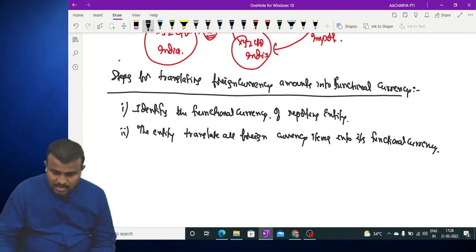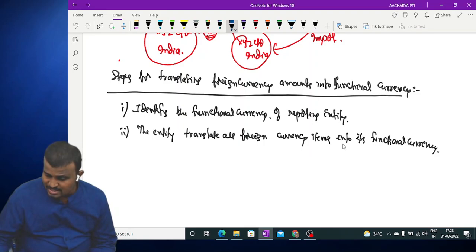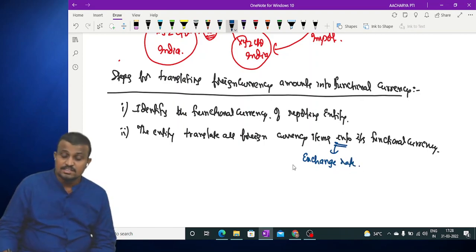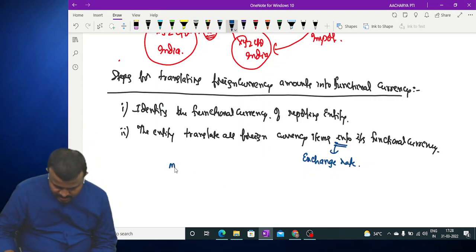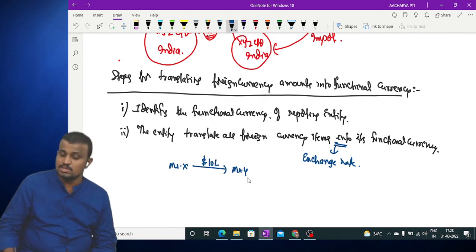But remember, for translating foreign currencies into the functional currency, we use an exchange rate. Then, which rate is used? For example, Mr. X sells goods to Mr. Y, around 10 lakh dollars worth of goods, sold on credit basis.